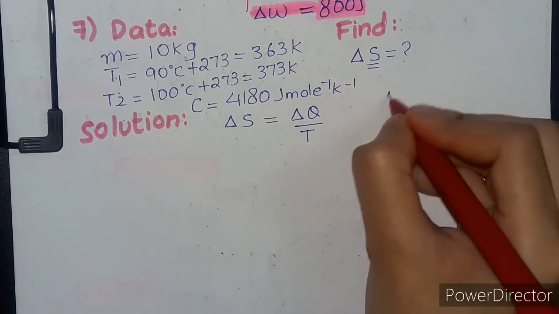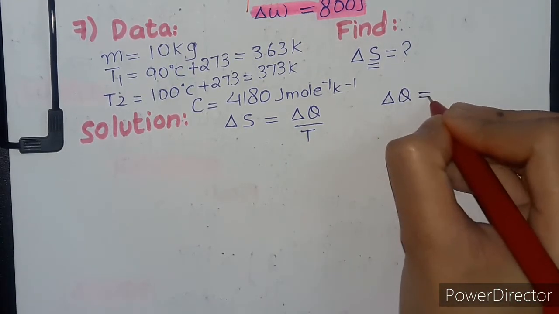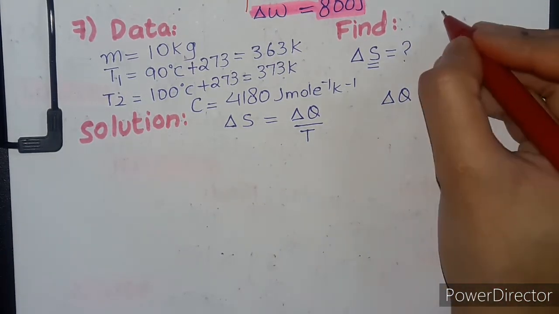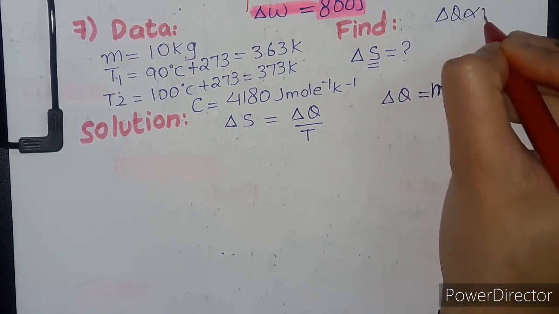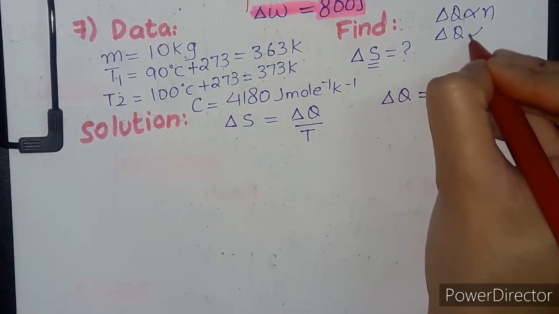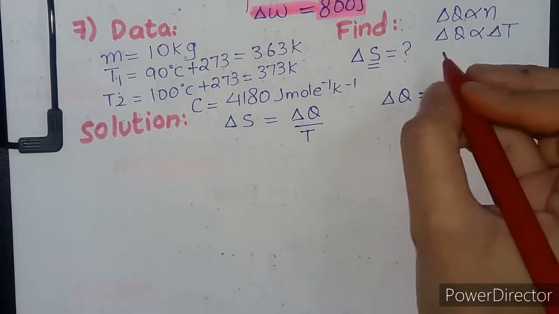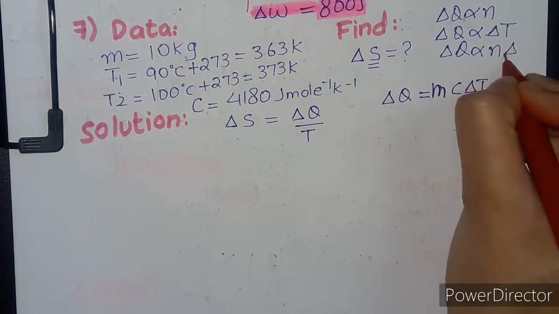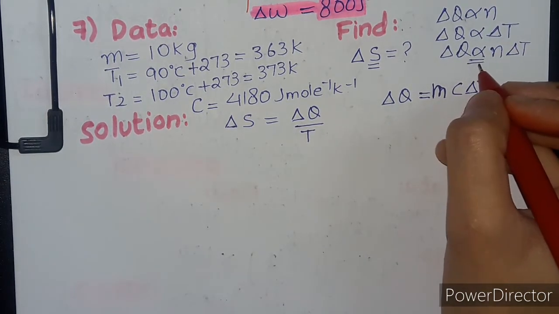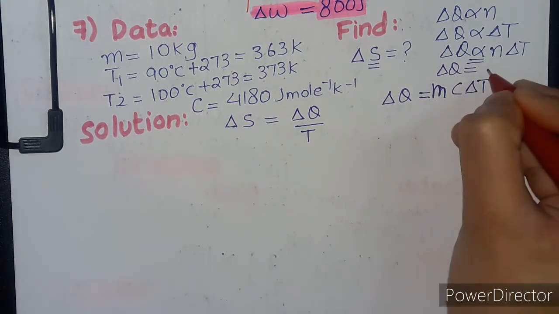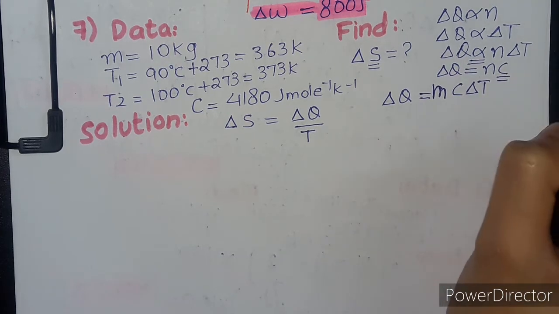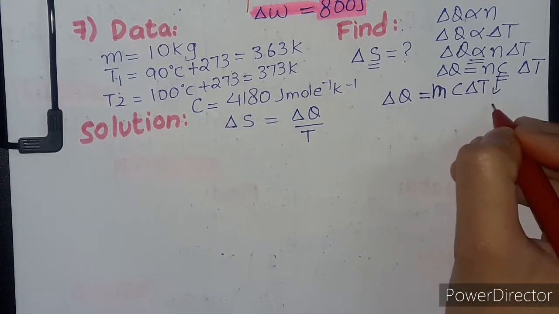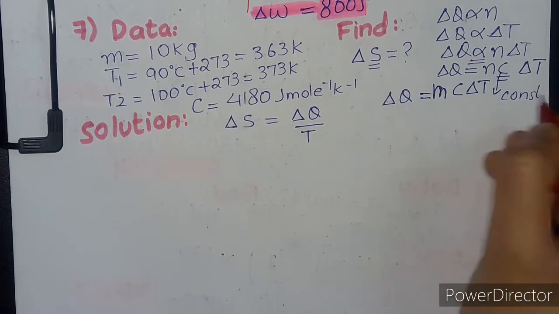So we can find the change in heat by m C del T. This formula came from del Q being directly proportional to m, and del Q being directly proportional to change in temperature. Taking both, del Q is directly proportional to m del T. Now removing the proportionality sign, we get del Q is equal to m C del T, where C is the constant of proportionality, the specific heat. Okay, this is constant. So from here we get this formula.